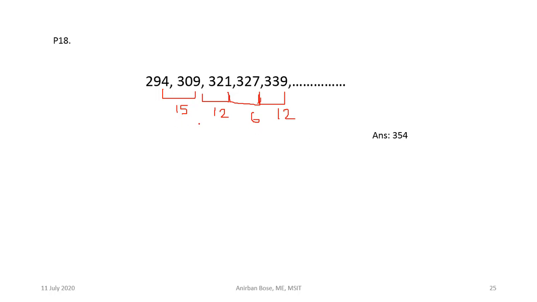As such, there is no relationship, but if you look carefully, this 15 is nothing but the summation of 2, 9 and 4. 9 plus 2, 11 plus 4 is 15. So that term is actually added. Here this 12 is nothing but 3 plus 0 plus 9. So that term is added. Again here you see 3 plus 2 plus 1, and that term is added. Okay. So what will be the next term? The next term will be 6 plus 9, that is 15 is to be added. Okay. So 339 plus 15 is 354. So 354 is the answer.